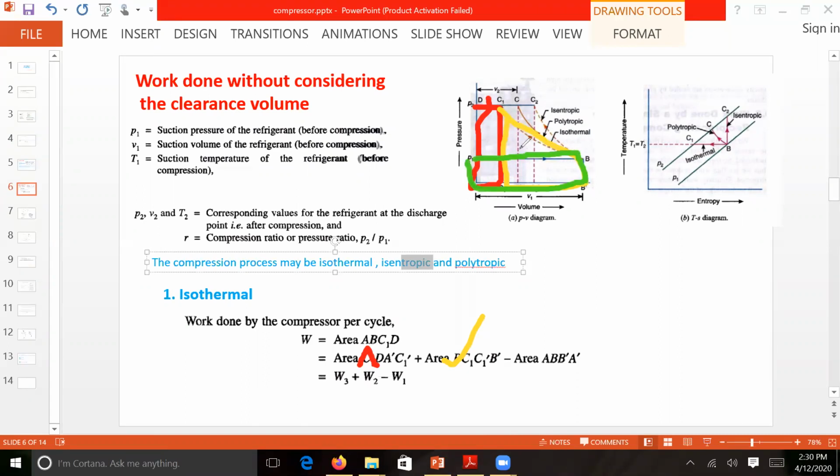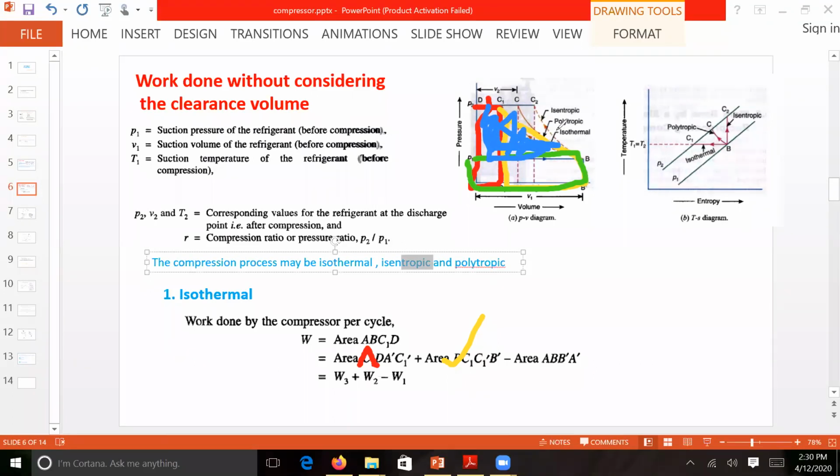So it will give you the final value. This red one plus the yellow one minus this one will finally give you the area, all this in blue, so this will be the work done.